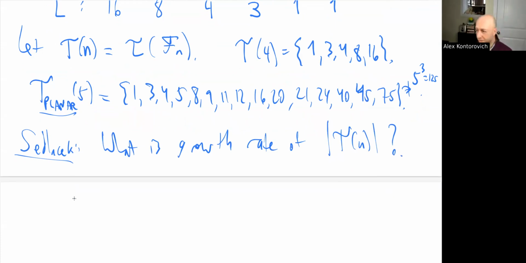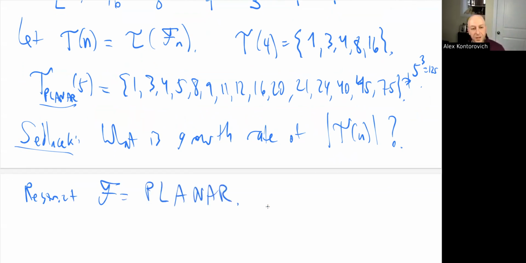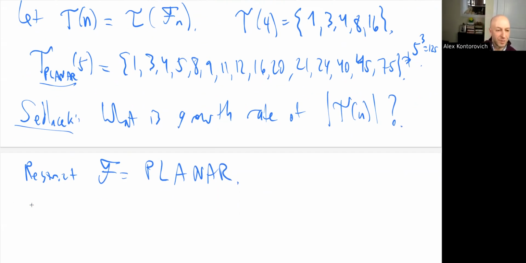Let me specialize, since we're getting a little confused about different families. Maybe at the end I'll come back to other families, but let's stick to planar graphs for a second. So here are some easy observations.